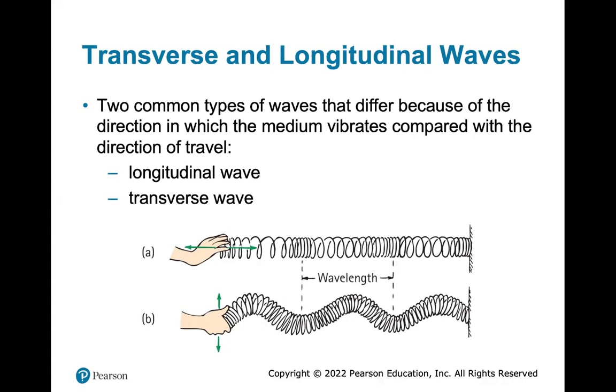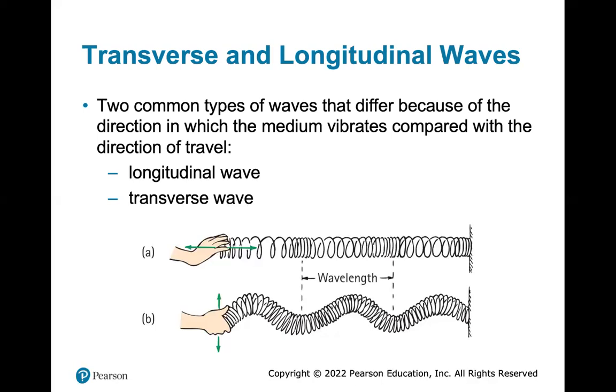Now, in the longitudinal wave, the movement is going along the path of the medium, so it's parallel to the medium. Whereas if I were to take that same slinky and vibrate it, move it up and down, I would cause transverse waves to travel down the slinky.